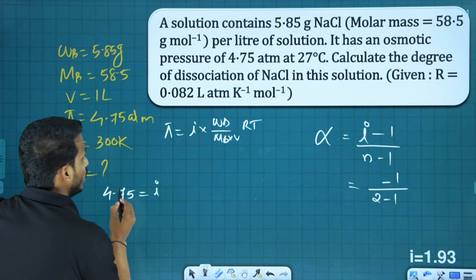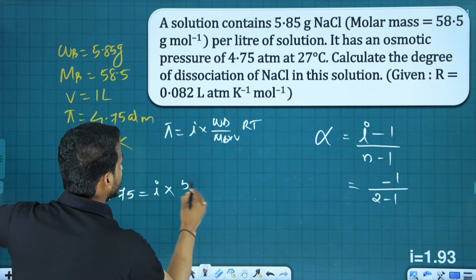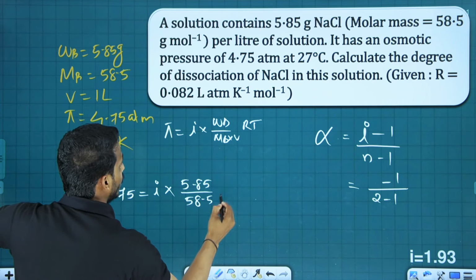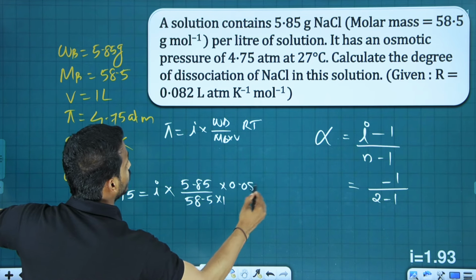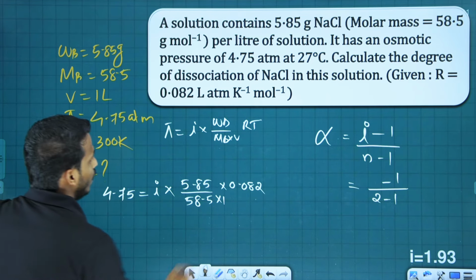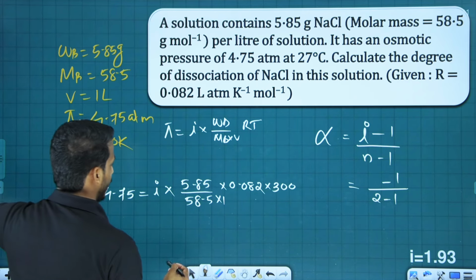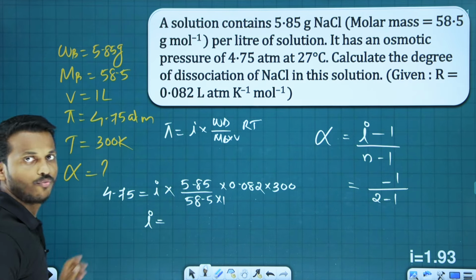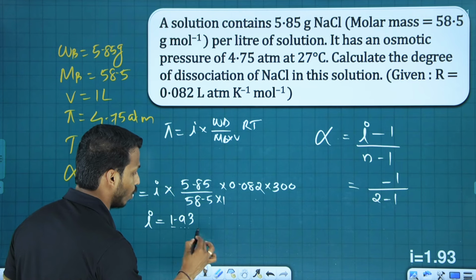The pi is already given, 4.75. So 4.75 equal to Van Hoff factor into WB 5.85, MB 58.5, and volume 1 liter, into R value 0.082, into the temperature 300 Kelvin. So you have to calculate the I value first. You will get around 1.93 by solving this.